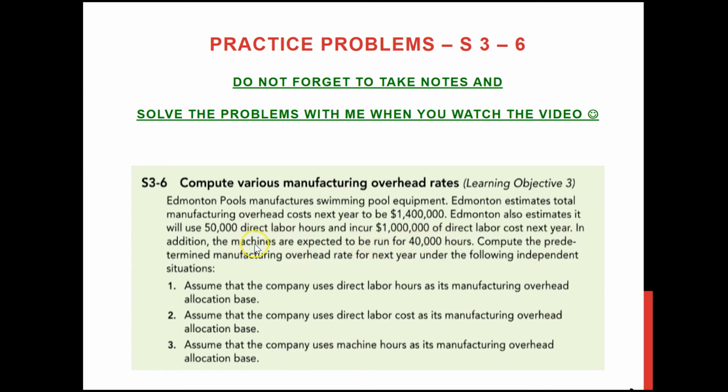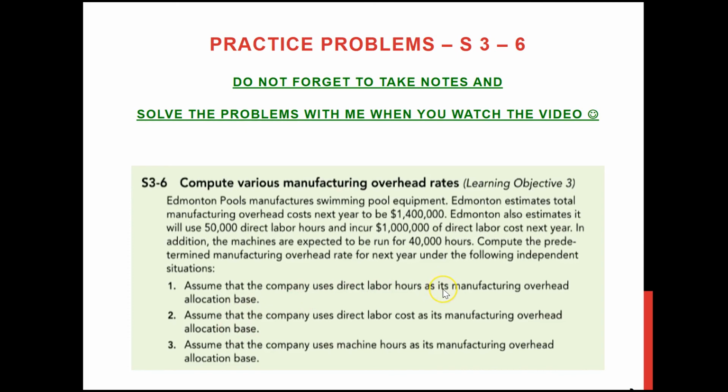What you need to do is calculate the predetermined overhead rate. Remember, the company can select any allocation base. So you have three different cases, and in each case they have a different allocation base.